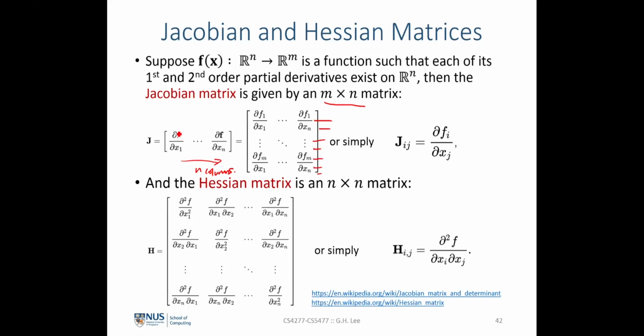We take this whole column with respect to the partial differentiation with respect to the first variable, the first entry x1, and this forms the first column of the Jacobian matrix.